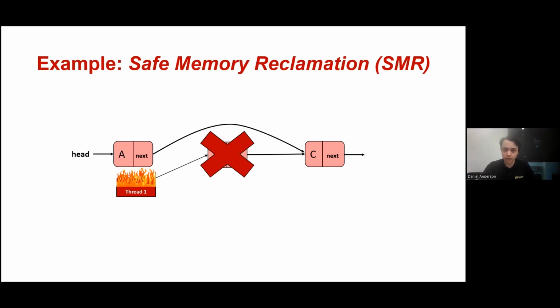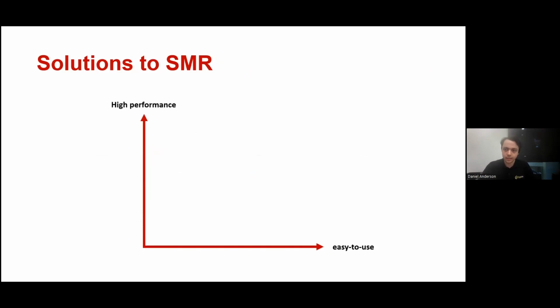This is a huge and well-studied area, and there are many approaches that you can take. I'll go through a couple of ideas here and contrast them by two things. One is how easy they are to use, and the other is the performance you can expect when using this technique. If you've taken any class on parallel computing, you may be aware of locks or mutual exclusion. This is the most fundamental and simple technique to prevent concurrency bugs.